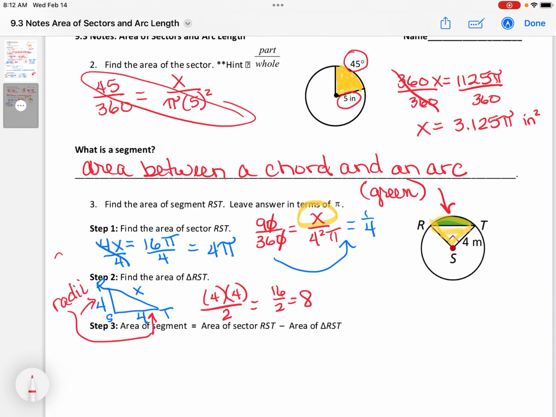So the thing about finding the area of the segment is I have the area of the sector and I have the area of the triangle. And I can't really subtract those unless I use pi. So this is a good answer. You cannot put the 4 pi and the 8 together because you have to multiply 4 times pi before you put that together.